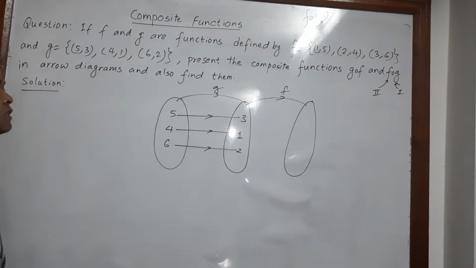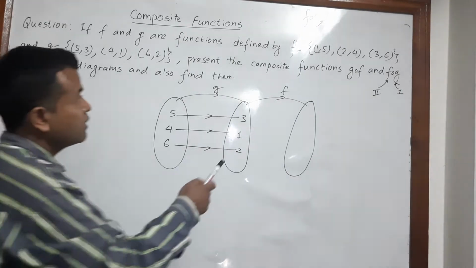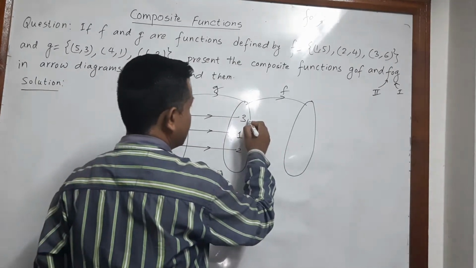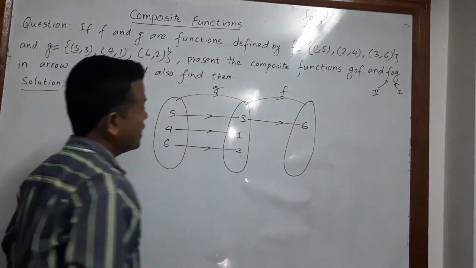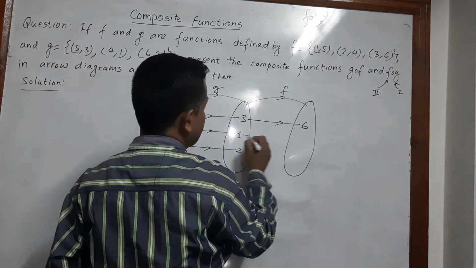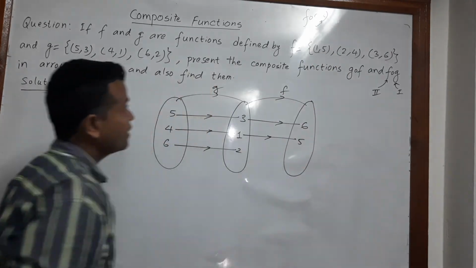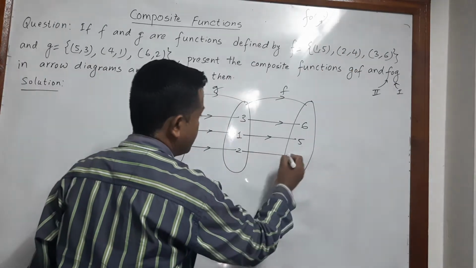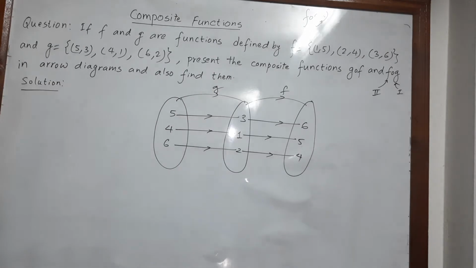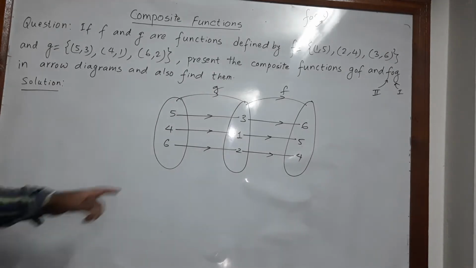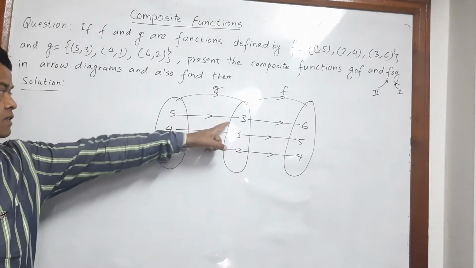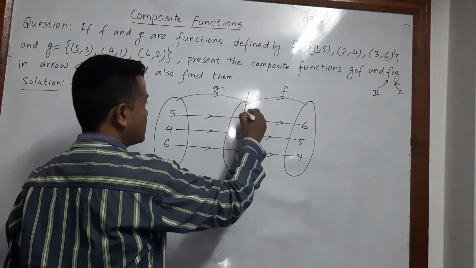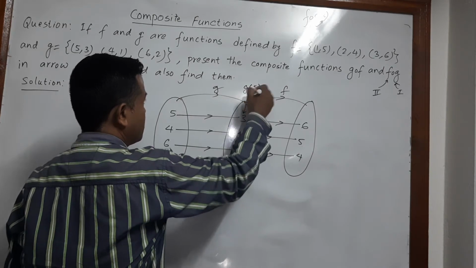And under the function f, this 3 has image 6, this 1 has image 5, and the image of this 2 is 4. And now like before, this 3 is the image of 5. That means g of 5 is 3. Okay, so this 3 is g of 5.